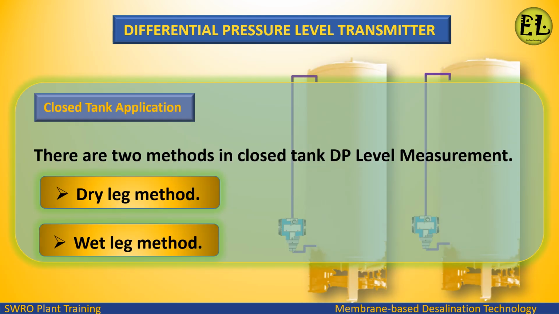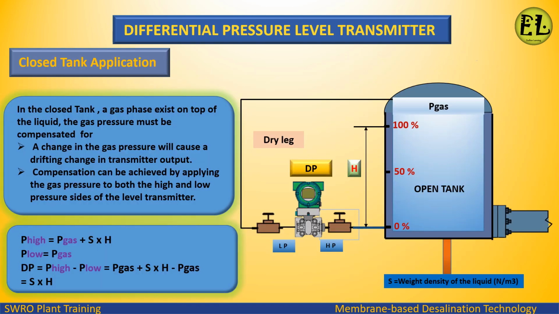In the closed tank application, there are two methods in closed tank DP level measurement: dry leg method and wet leg method. In the closed tank, a gas or vapor phase exists on top of the liquid. The gas pressure must be compensated for. A change in the gas pressure will cause a drifting change in transmitter output.